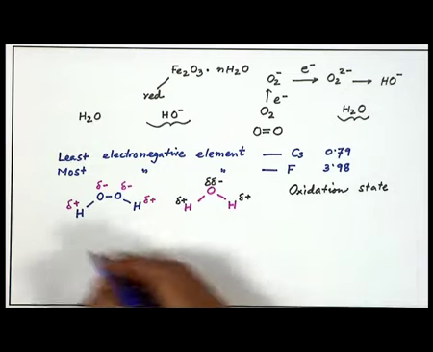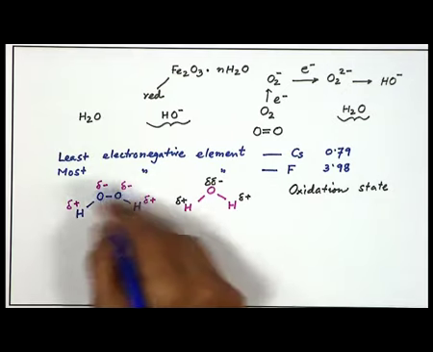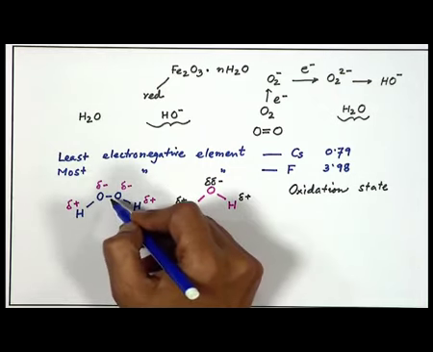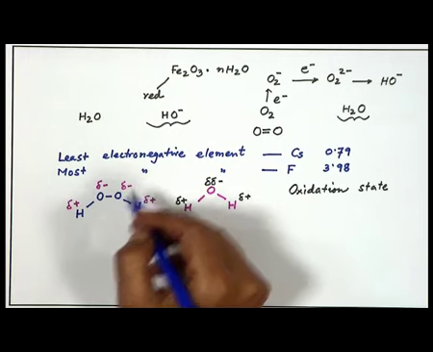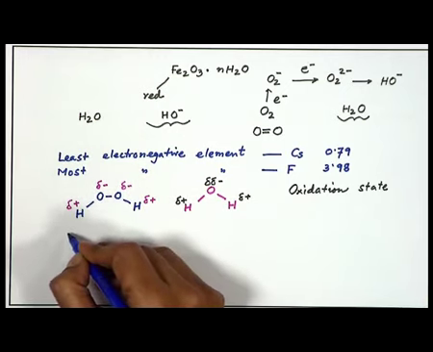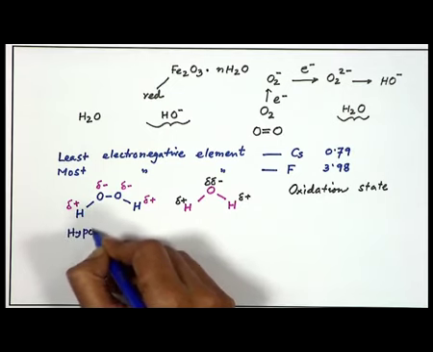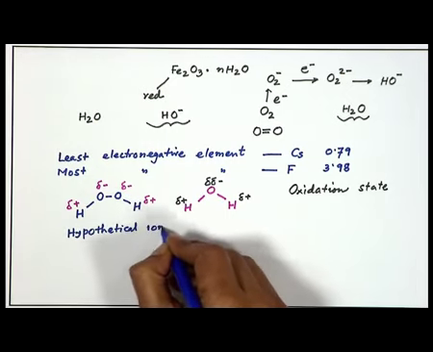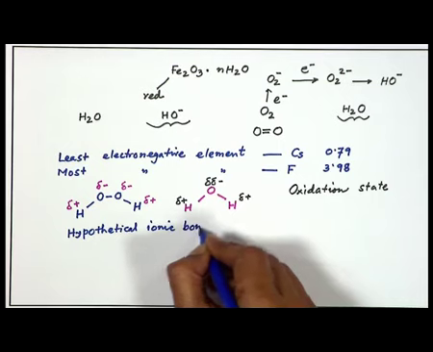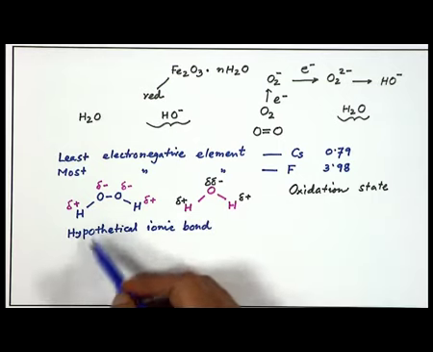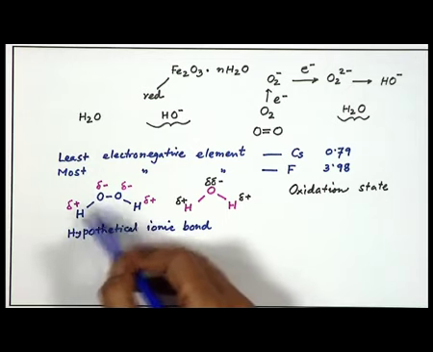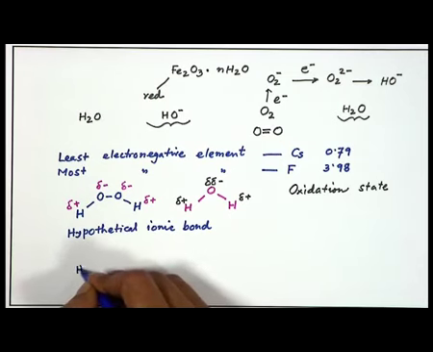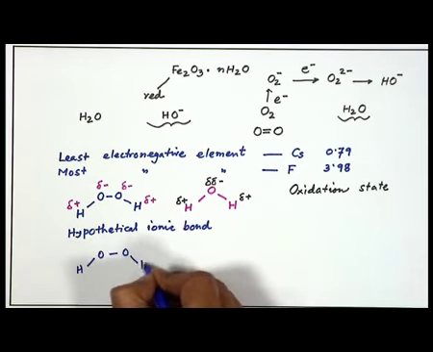How we get the oxidation states of hydrogen and oxygen is that we consider that this charge separation continues, and this gives us a hypothetical ionic bond, and that hypothetical ionic bond will lead to a complete charge separation. So, a complete charge separation will give us H-O-O-H.